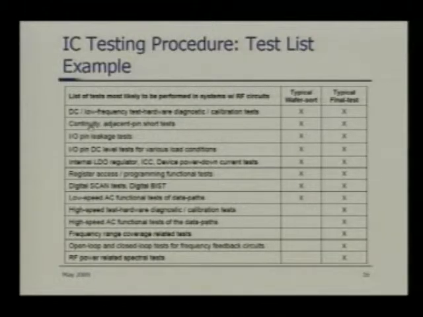There is another aspect of the continuity test, by the way. When we are talking about package level testing, in the wire bonder, sometimes when the die is getting attached, the so-called die attach, and you are bonding out the die pad to the package pin, it sometimes runs out of that wire bonding material.